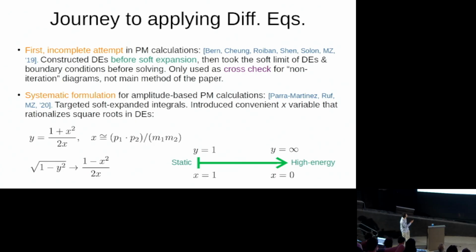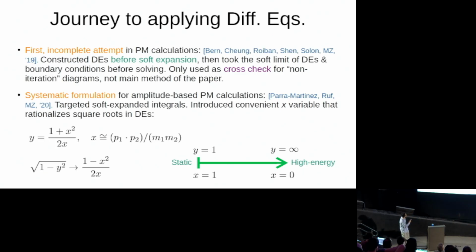We obtained the differential equations for only a subset of diagrams without iteration, for example, the H diagrams. We wrote down differential equations before the soft expansion, then we took the soft limits of the differential equation matrices as well as their boundary conditions. The procedure is a little bit overcomplicated, but it provided useful cross-checks.